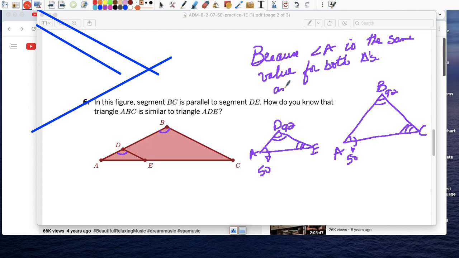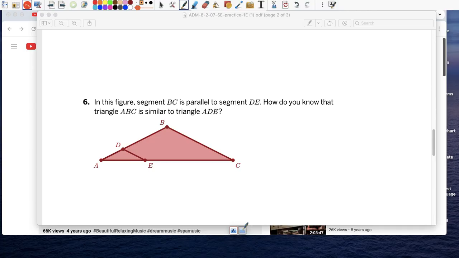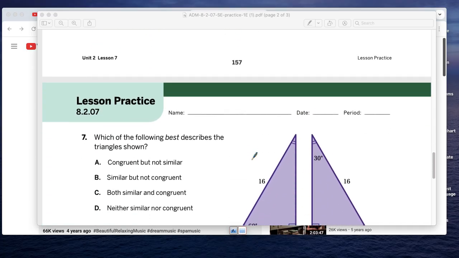And angle D and angle B are also the same value. And in a triangle, once I know two of the angles are the same, I know the third angle is also the same, which means this is a similar triangle. Okay, so we don't have to go too much about that.